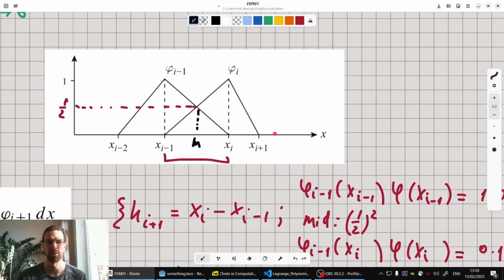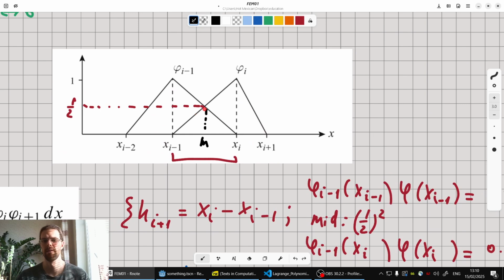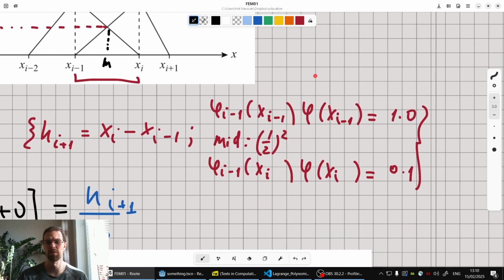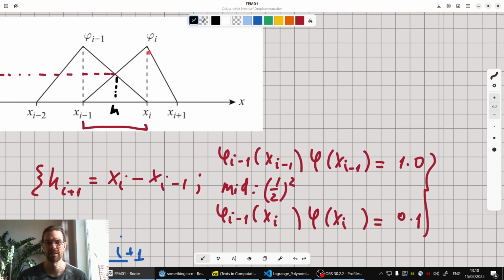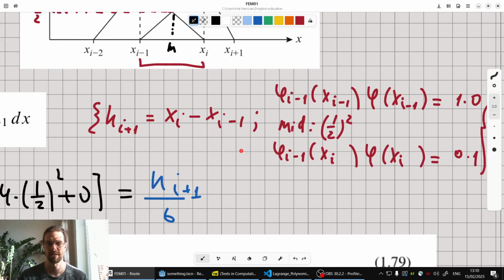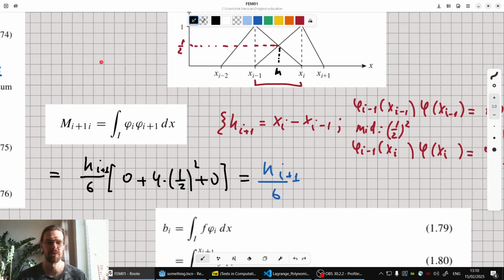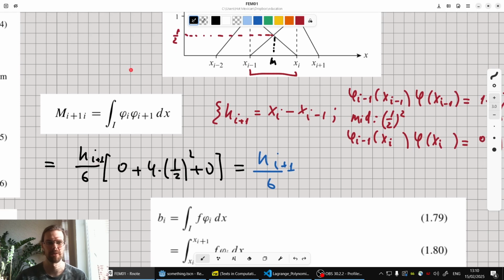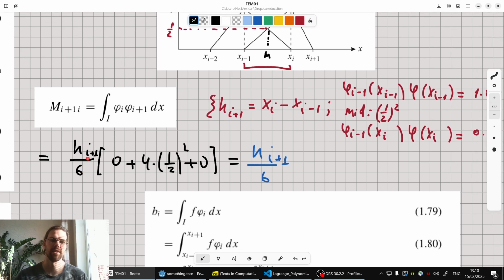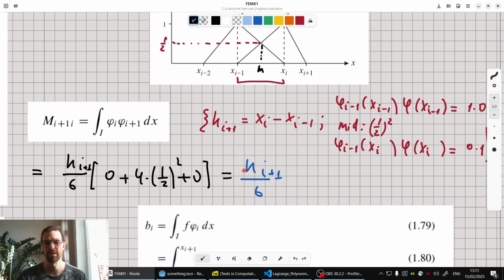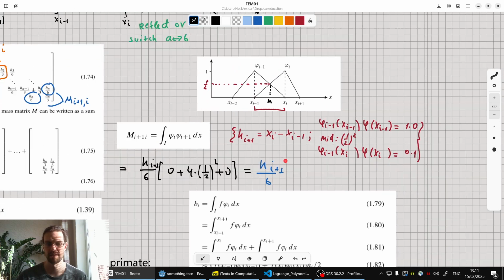In the midpoint, they will attain one half from one function, one half from another function, so 1/4. And again, on the right hand side, one of the functions will be 0 and the other is 1. And so interestingly enough, here also this integral becomes very, very simple. Simply this interval width divided by 6.